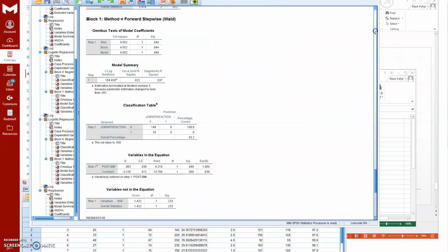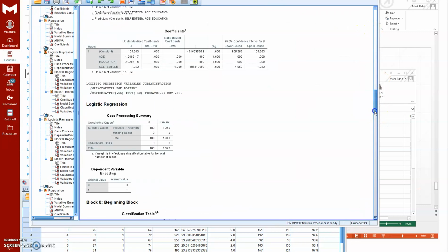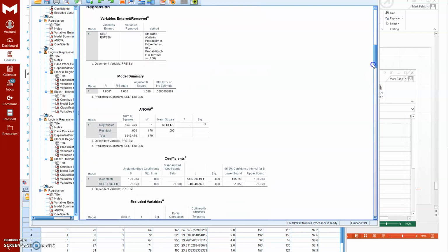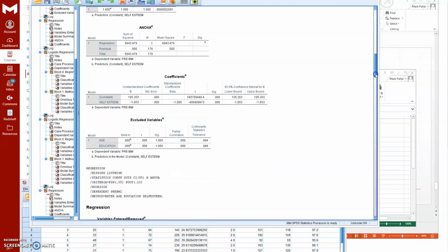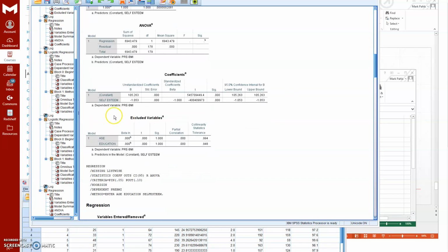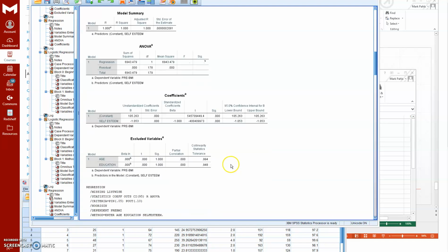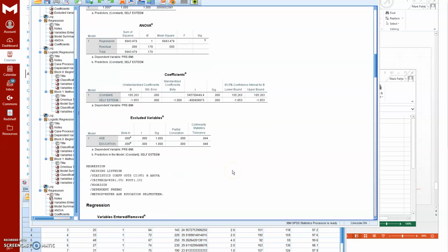Let's see if we can scroll down here too. Okay. So if we look up here, it's going to tell us what we keep and what we remove. The only thing that was kept was self-esteem. Age and education had no significance as predictors.